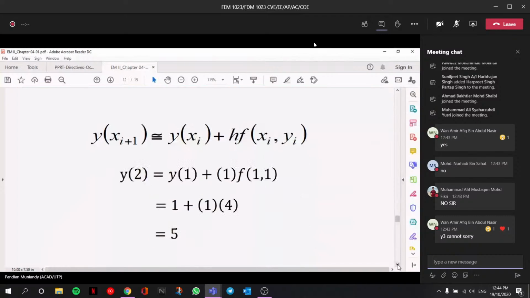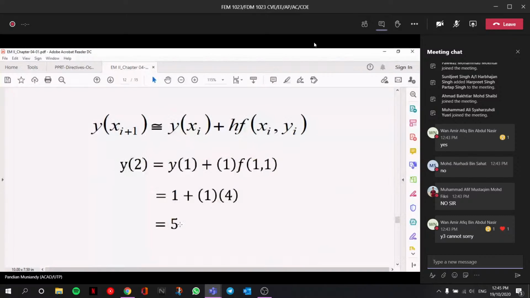Now, one more step, x3. Write down. So at x equals to 3, that means x0 is 1, x1 is 2. Now x2 is 3. So you want to find y3 equals to, my i is 2.